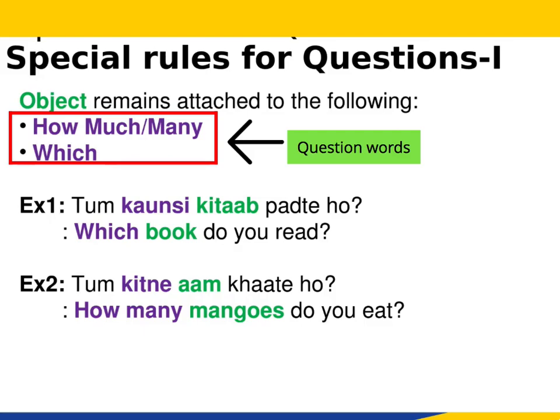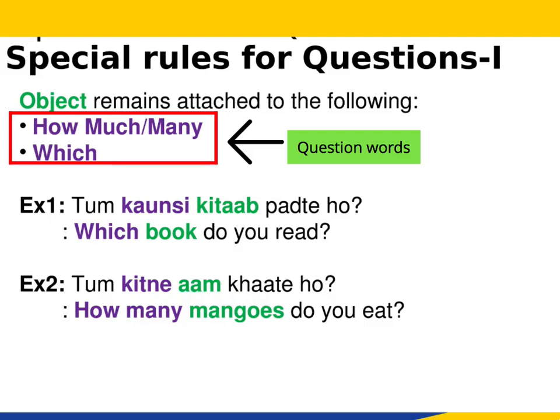So हम लोग जब ये question words use करेंगे, how much, how many or which, उसके तुरंत बाद object आएगा sentence में. So whenever we are using how much, how many or which, what will immediately be attached with it is the object. Like how many books or which book. Let us look at the examples.